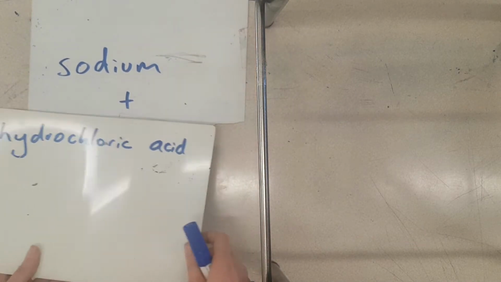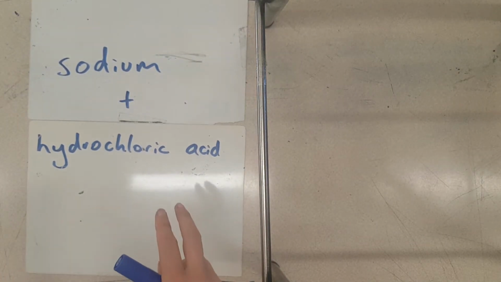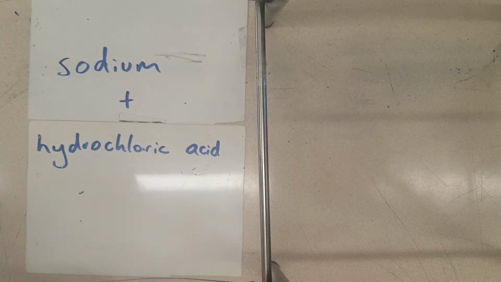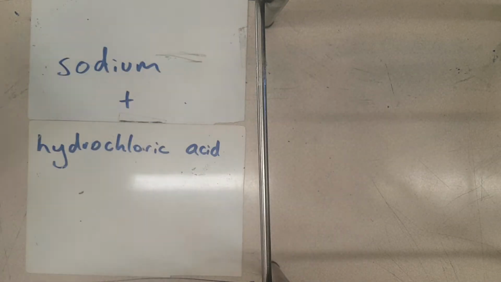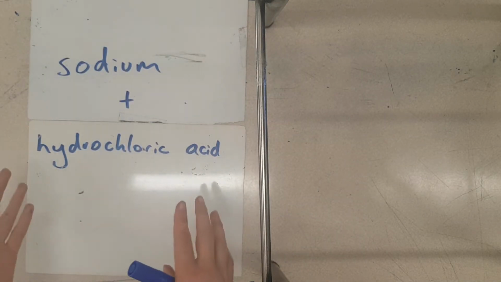So, on page 67, the first question, question A, is sodium and hydrochloric acid. So how do you work this one out? Well, there's a few steps we have to go through. The first one we want to figure out is what's actually in my reactants.